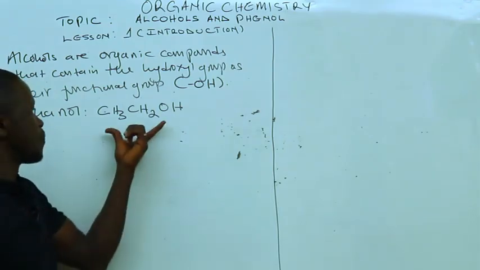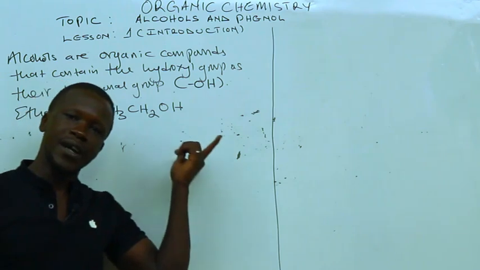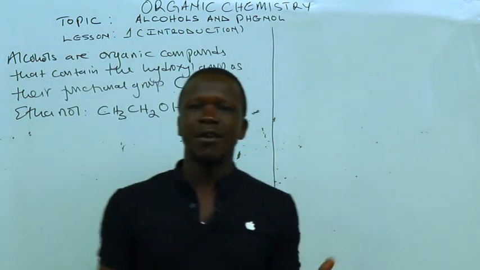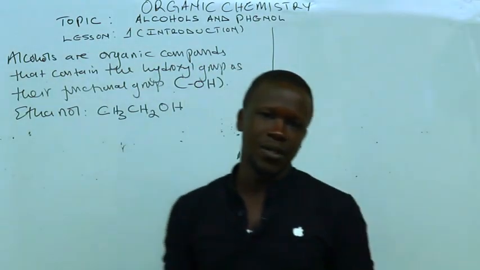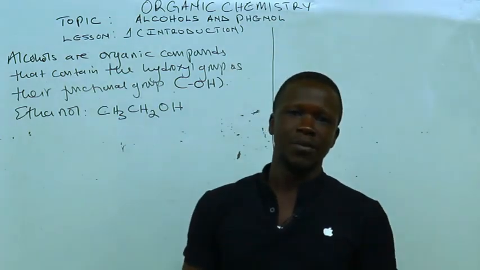It is common that many of us know ethanol as an alcohol, but not all alcohols are ethanol. There are quite many other alcohols, as we shall be seeing, according to the number of the carbon atoms.